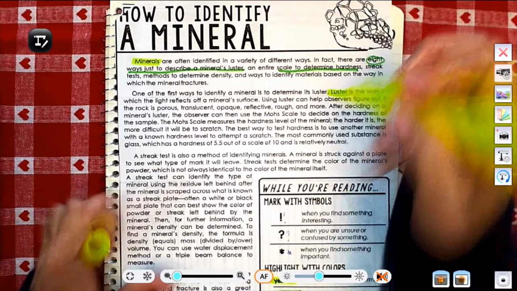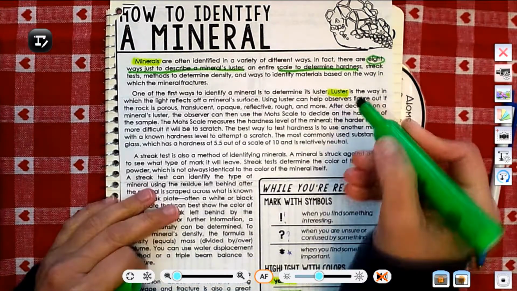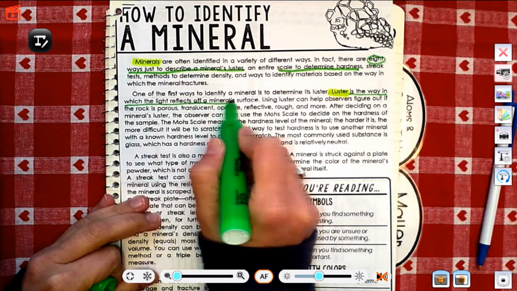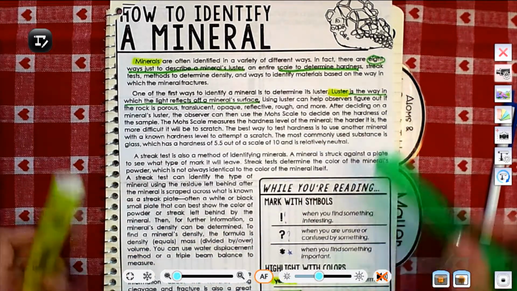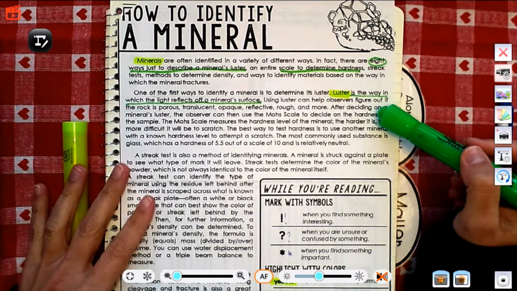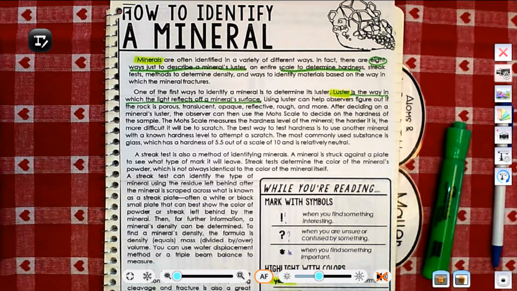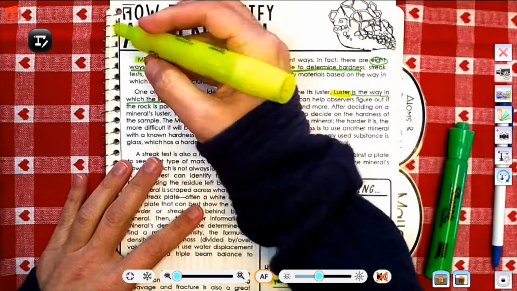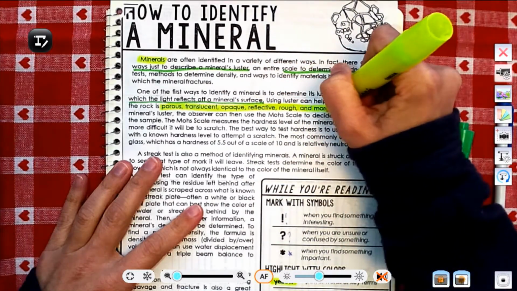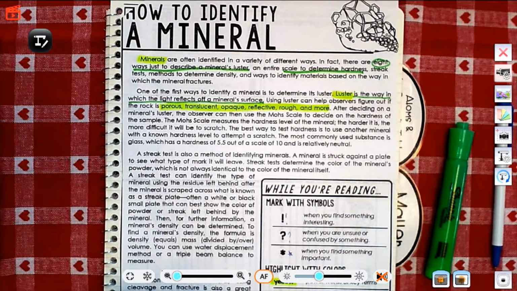Luster. And our definition for luster is the way in which the light reflects off a mineral's surface. Using luster can help observers figure out if the rock is porous, translucent, opaque, reflective, rough, and more. So these are all ways that we can describe luster. You'll notice on our gizmo that they use different terms.